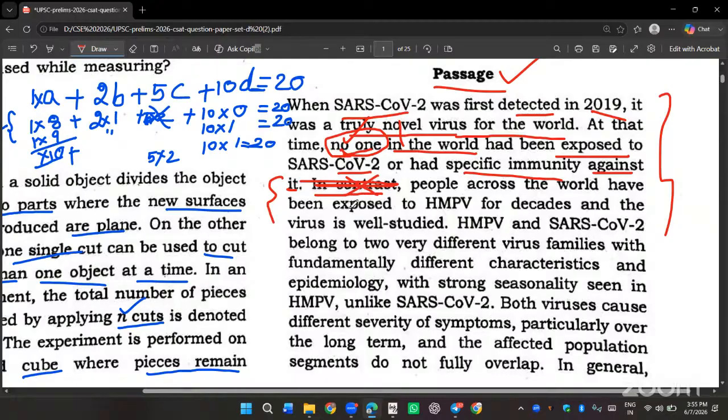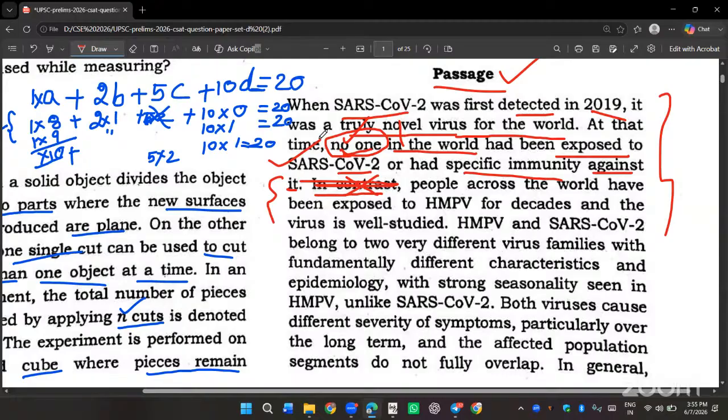People across the world have been exposed to this for decades, and the virus is well studied. Yes, good. But what about this virus? Novel virus, whether it was well studied or not, there is no clue.